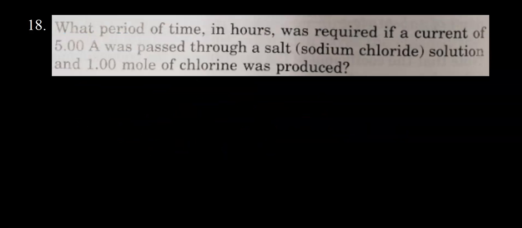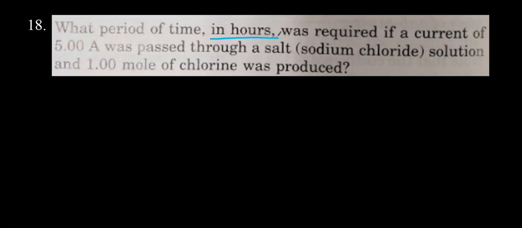All right, it's a little different problem, and we have one similar to this next. I'll walk you through a little bit, but I think I'm going to have you do this again somewhat on your own. What period of time, let's find that in hours because it's going to be a pretty long time, was required if a current of 5 amps was passed through a salt solution, a sodium chloride solution, and 1.00 moles of chlorine gas was produced?